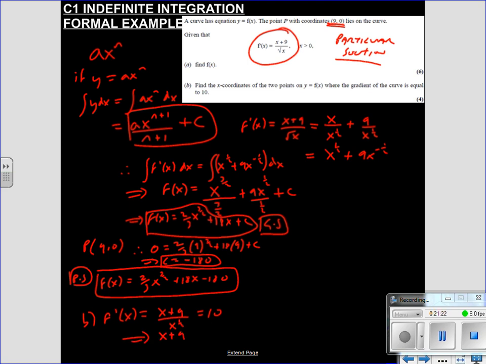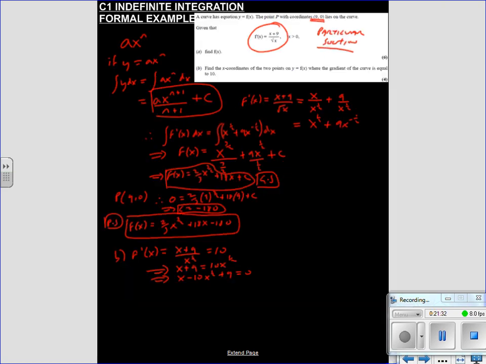So if I times up, I get this. If I move everything over to one side, I get this. Now, I wonder if you can spot this. It's a classic trick that they would use. This can be factorized because the power here is 1, and this power is half of that power.